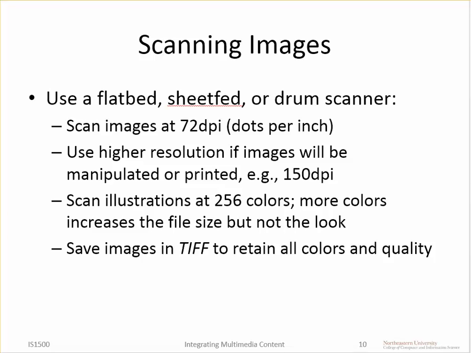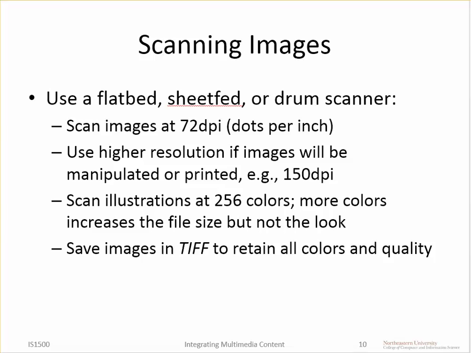If you need high resolution, for example, if you have a high resolution monitor, high resolution website, or you want to print it as art on advertising, flyers, and so on, then you might have to go up to 150 dpi. Now, most scanners also scan illustrations at 256 colors. That means your image will be represented with at most 256 distinct colors.